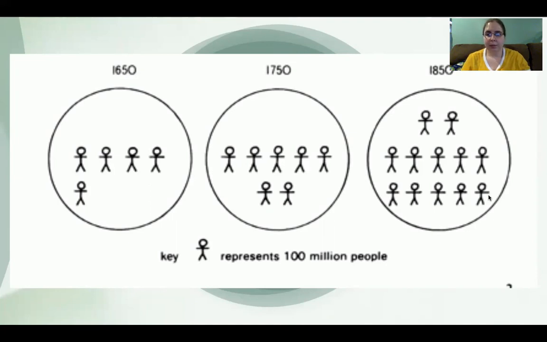Now, which picture, even without knowing those numbers, just looking at the stick figures, which circle has the most stick figures in it? Well, the one in 1850. There's clearly more people here than in the other two circles. Now, even though the circles are the same size, in 1850, the population density of people was a lot greater, and that's just simply what we're discussing at this point.